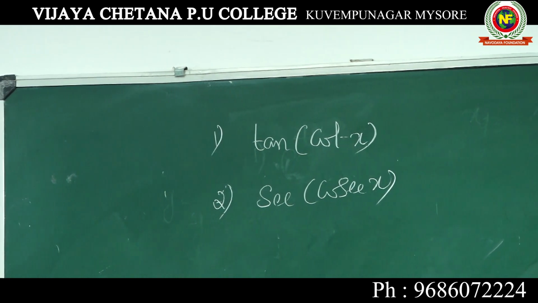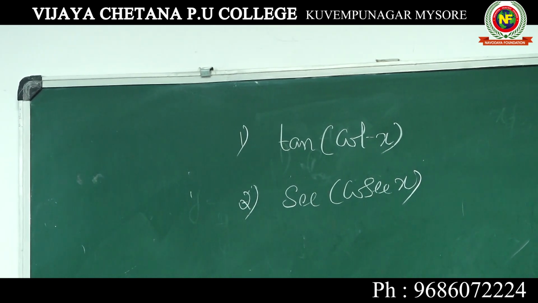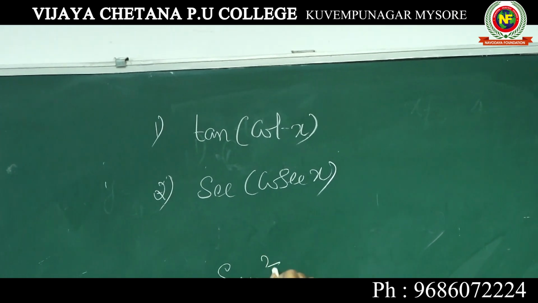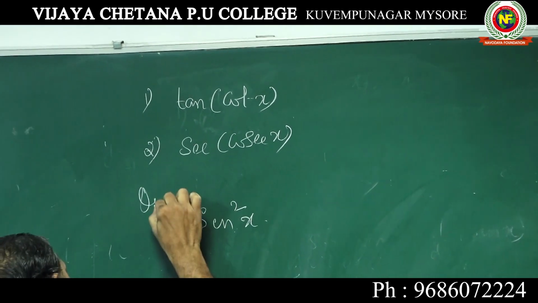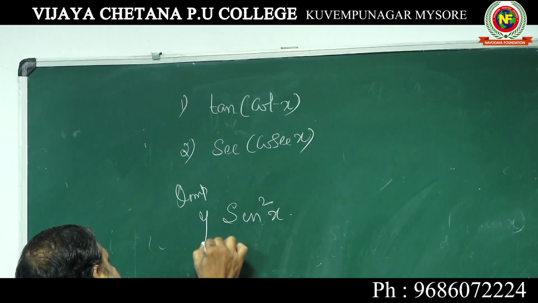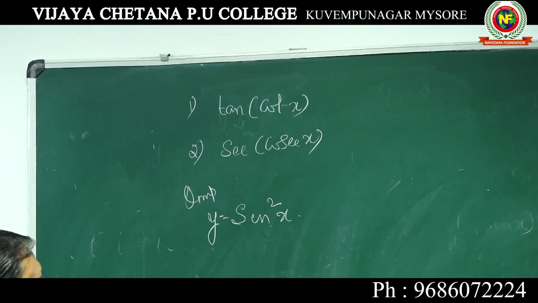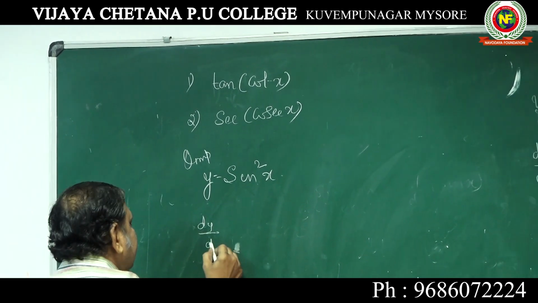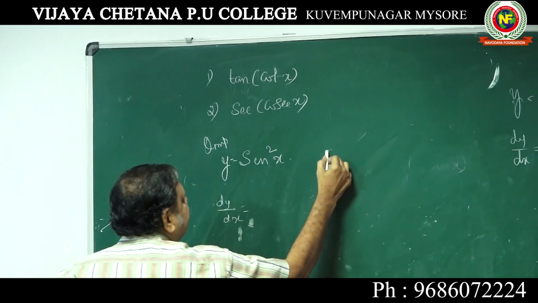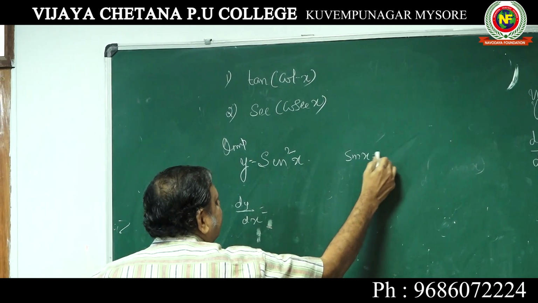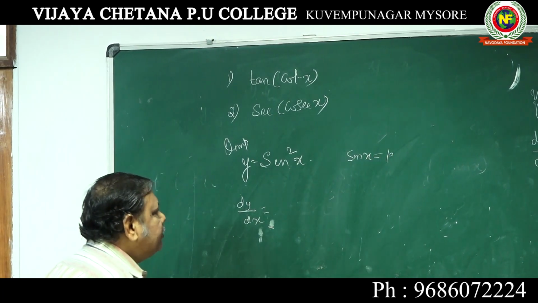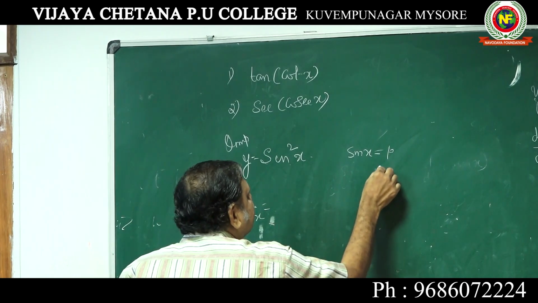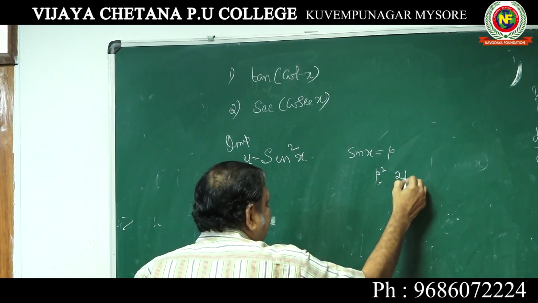Now let us go to a different type of problem, differentiation. Differentiate sin square x. Important. When you differentiate sin square x, dy by dx will be, see this whole sin x as p. So it becomes p square. The differentiation of p square is 2p.